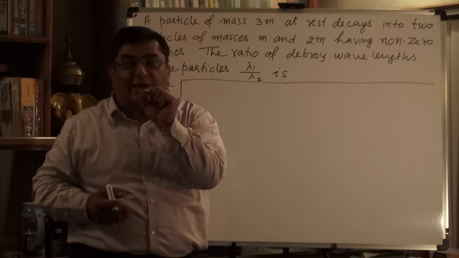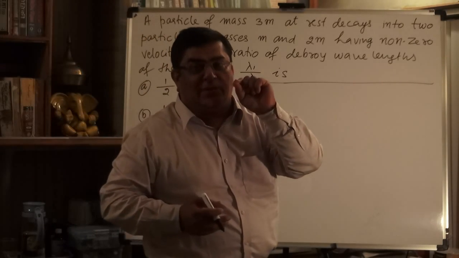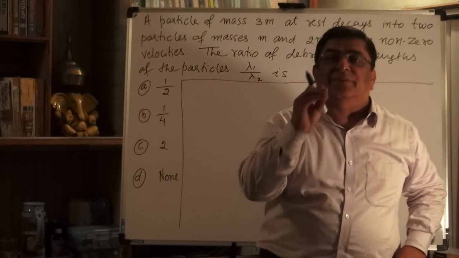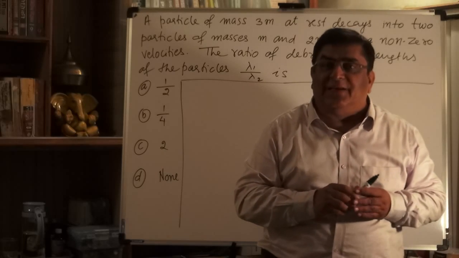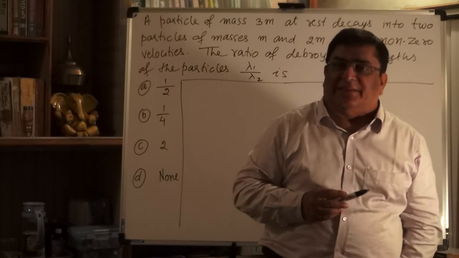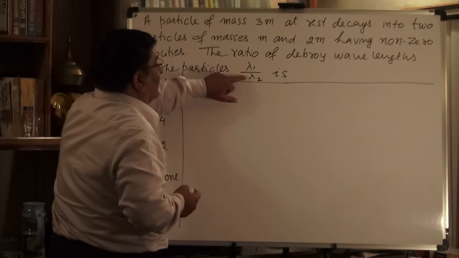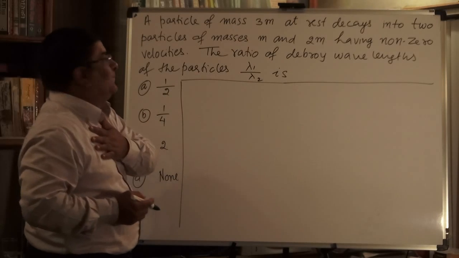We know that whenever a material moves, it has a wave nature, it has a material wave with it, and that material wave has a wavelength, known as de Broglie's wavelength. The de Broglie wavelength is lambda 1 for one, lambda 2 for the other, and we have to find the ratio of the wavelengths.